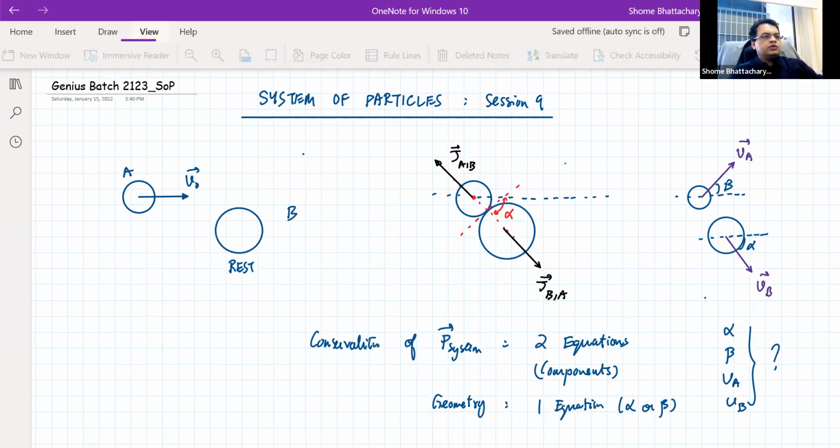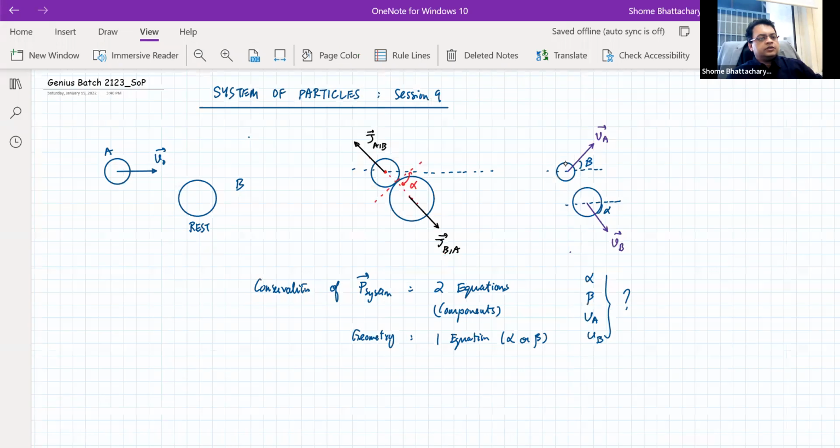And then finally, we'll also have to use the value of the coefficient of restitution. So that is the general method of solving an oblique collision of this type, a moving body going and colliding obliquely with another stationary body. So let us look at some examples.